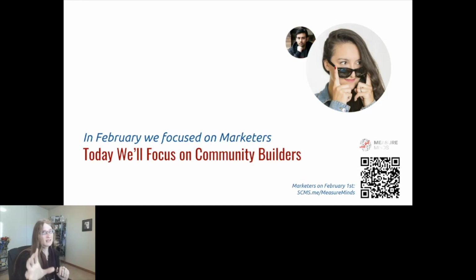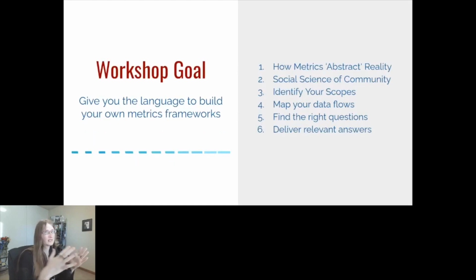Now, I also want to say, again, this is also a part of an e-course. This entire workshop is being expanded into an e-course later. And here's what each module is for. We need to understand how metrics really abstract reality, how the behaviors and the sentiments of individuals really become metrics. And in order to understand that, I have to introduce you to a new measurement paradigm. I say new, it's not really new.